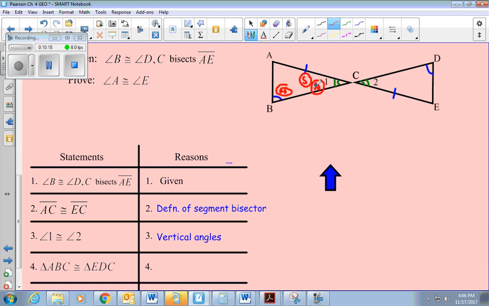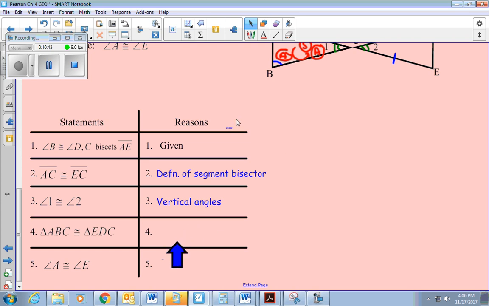Angle, angle, side. So you make sure you're going around the one that doesn't have a gap. If we went the other way, so if we went angle and then this way, we're kind of missing this part here, and we don't get the other angle either. So we have to go around to the left. So we go angle, angle, side.